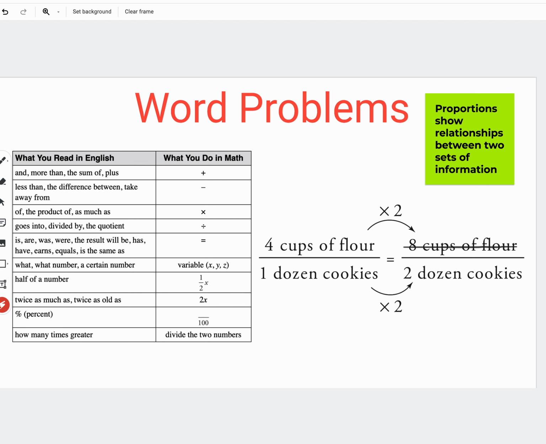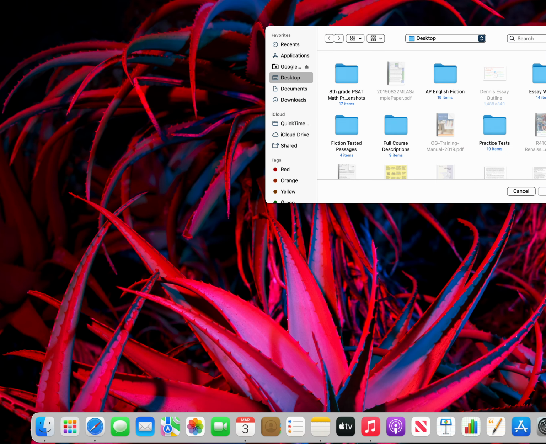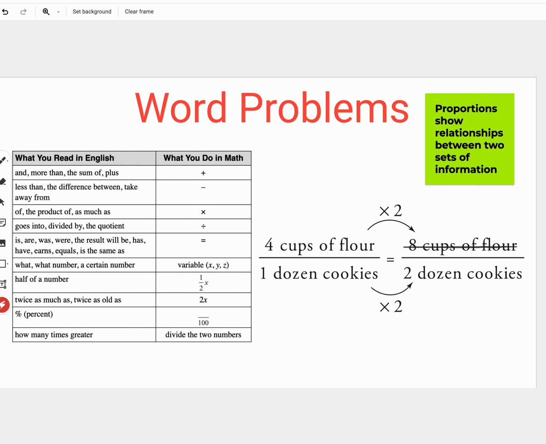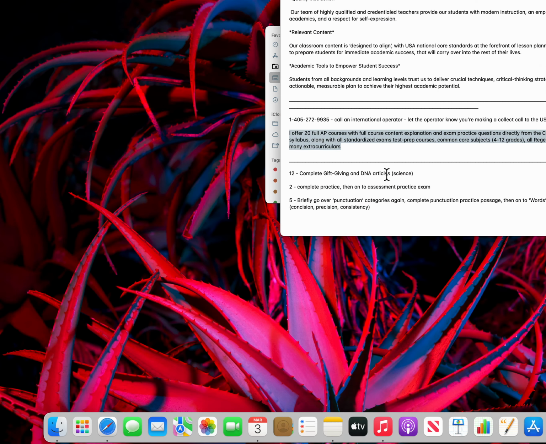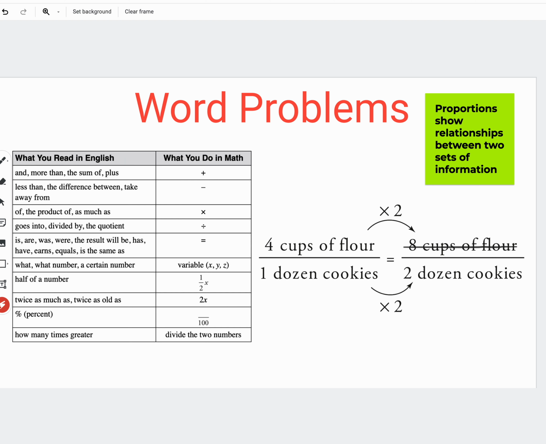Once we have our fraction set up, we can see what the relationship is between the two elements. Whatever that relationship is, that will be the same relationship between the other two things. So let's go ahead and try that out with a few problems.